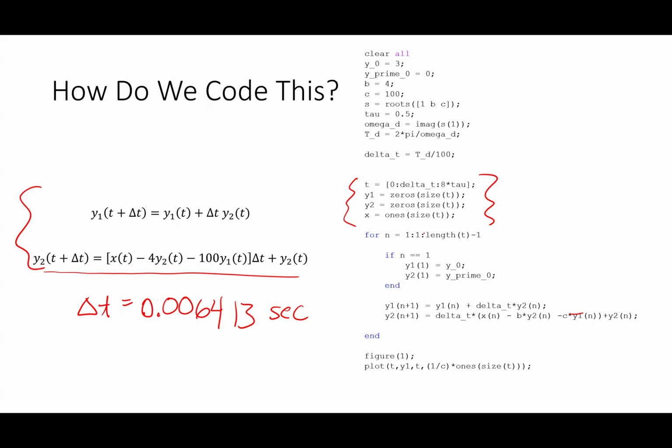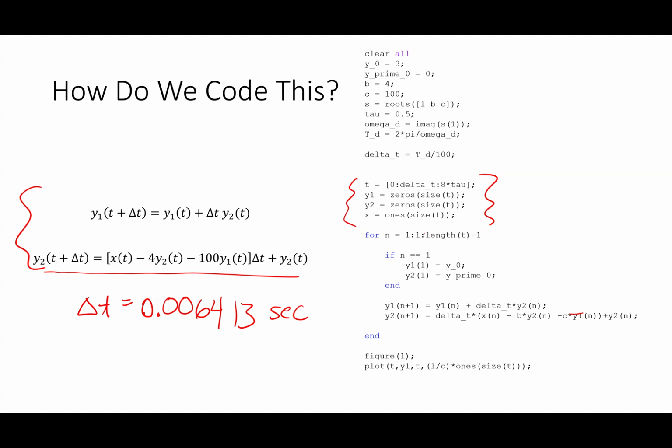Yeah, so y1 and y2 are zeros, x is equal to ones. What's the code term for that? You're initializing. I'm initializing my variables. I'm creating those variables y1, y2, and x. They're arrays, basically.